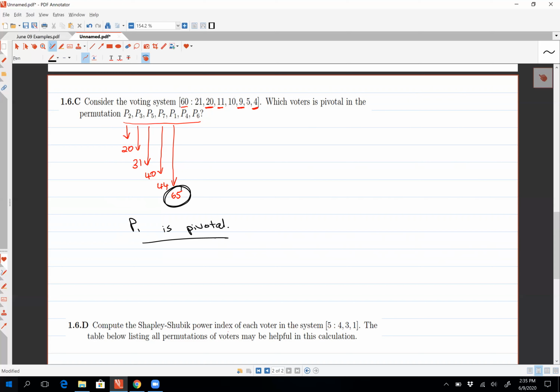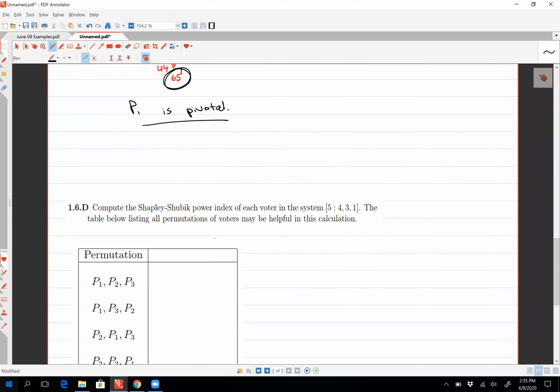So this is a central calculation to the Shapley-Shubik power index. We list out every possible ordering of voters, and then we determine for each ordering who is the pivotal voter.